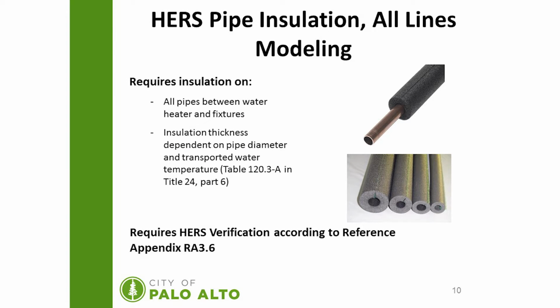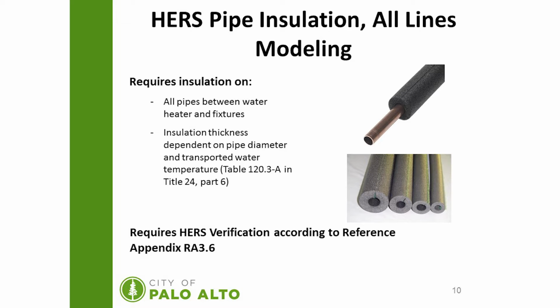The next measure we looked at is HERS pipe insulation for all of your hot water lines. This measure requires insulation be installed on all hot water pipelines between the water heater and the end-use fixtures. This mostly is impacting those pipes that are 1/2 inch in diameter and less.